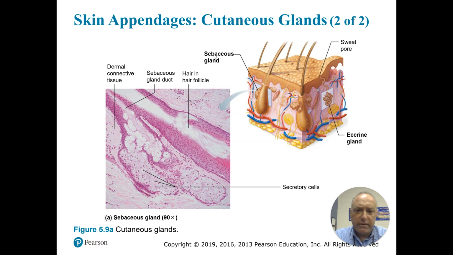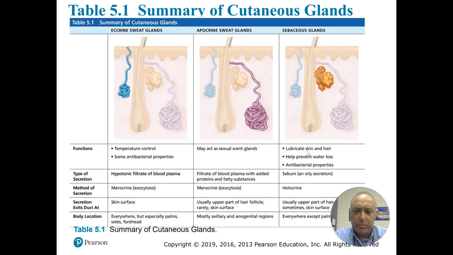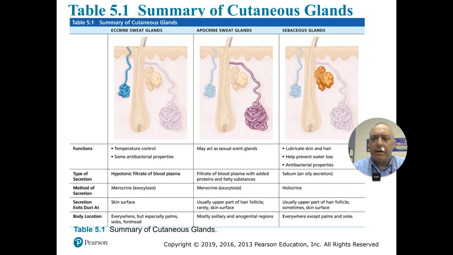Okay, another view at the sebaceous and eccrine glands. This is a nice little figure that looks at your everywhere eccrine glands, your anogenital apocrine glands, as well as your sebaceous glands. So the eccrine glands, the method of secretion is merocrine.